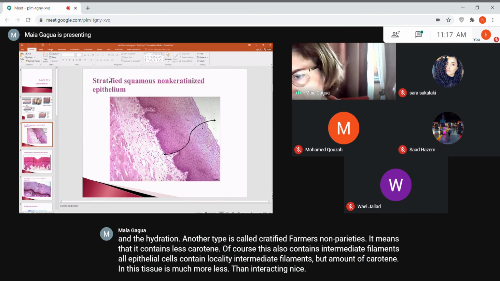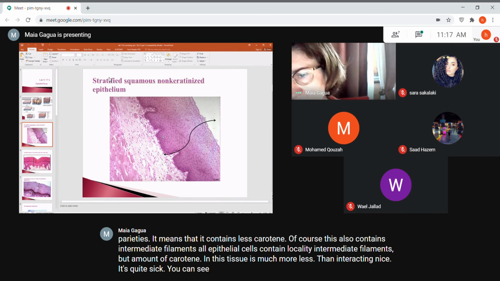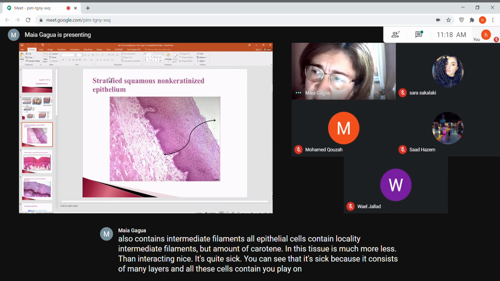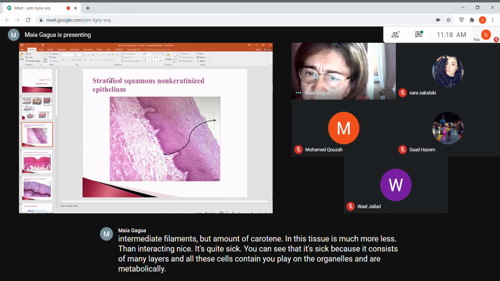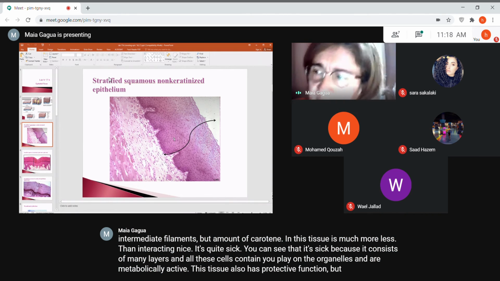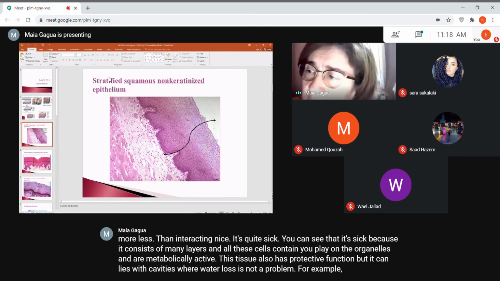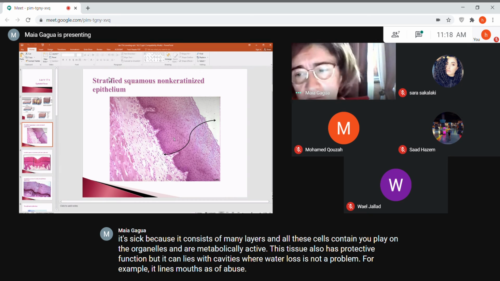It's quite thick, you can see that it's thick because it consists of many layers. And all these cells contain nuclei and organelles and are metabolically active. This tissue also has protective function, but it lines wet cavities where water loss is not a problem. For example, it lines mouth, esophagus, wet cavities.